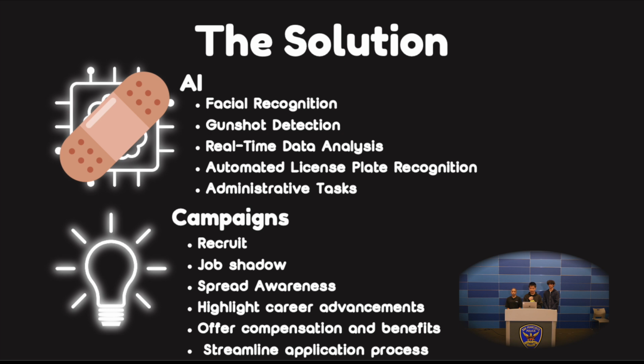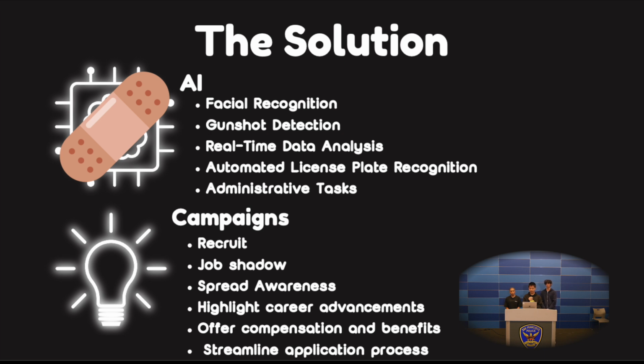For example, it could return if the license plate is stolen or the car model that license plate resonates with. Lastly, SFPD could benefit from administrative tasks automated by AI. They can automate simple tasks such as writing reports based off body cam footage, and they can assist in training and developing up-and-coming officers.